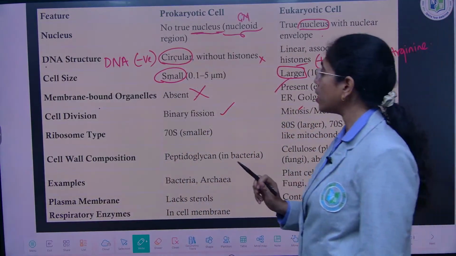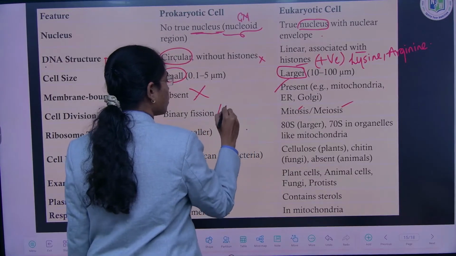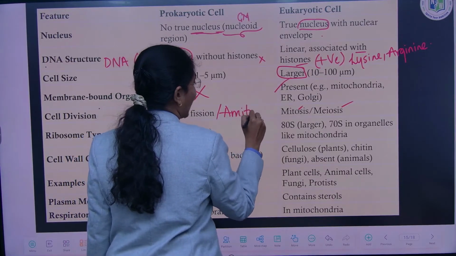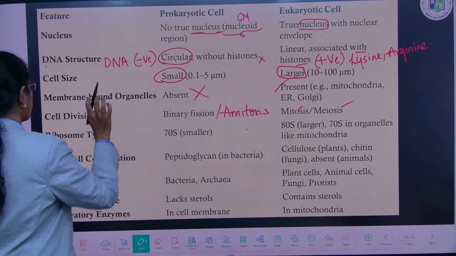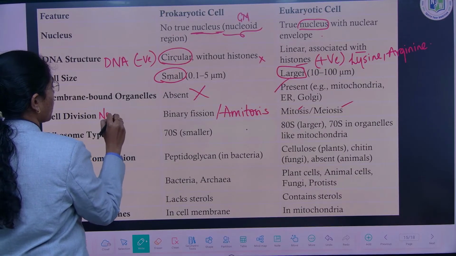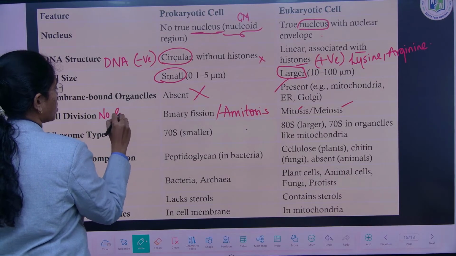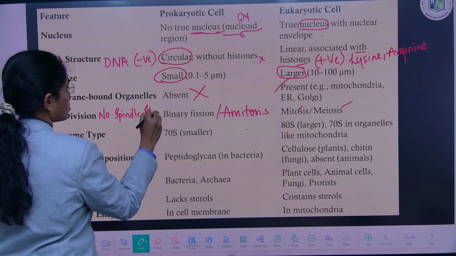Remember, binary fission is also addressed as amitosis, as there is no formation of spindle apparatus, no spindle fibers.